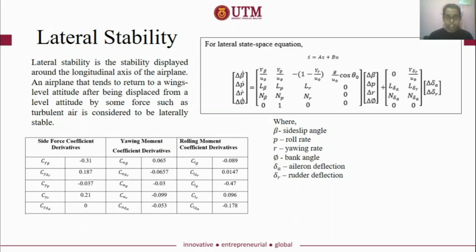For this project, for the analysis of lateral stability, I have used the method I learned in my flight dynamics class this semester. On the right is the lateral state space equation, x dot equals Ax plus Bu, where beta is the sideslip angle, p is the roll rate, and r is the yaw rate.